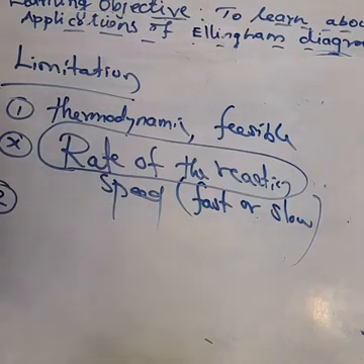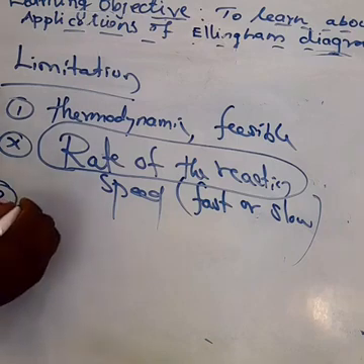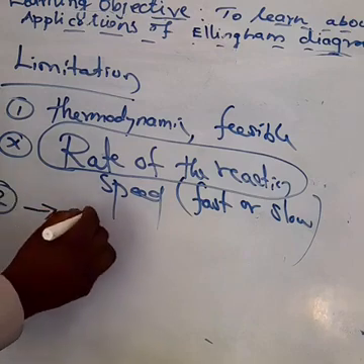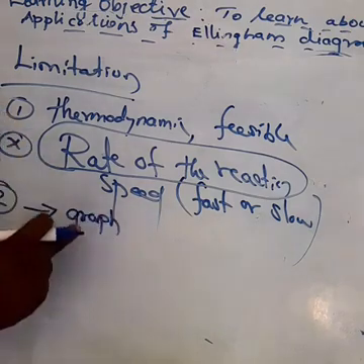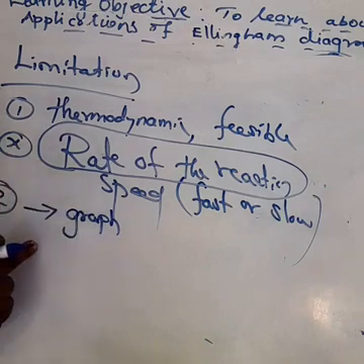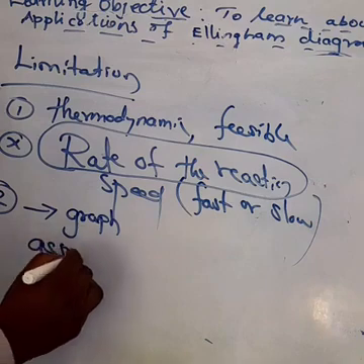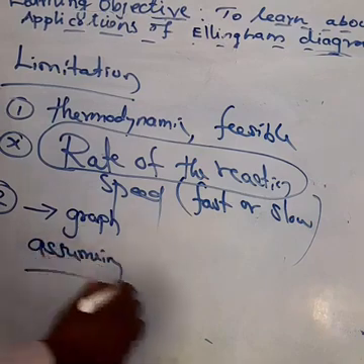The second point is this Ellingham diagram is based on a graph. Am I right? We are using one graph. So the interpretation of delta G is based on assumption. We are assuming the value.